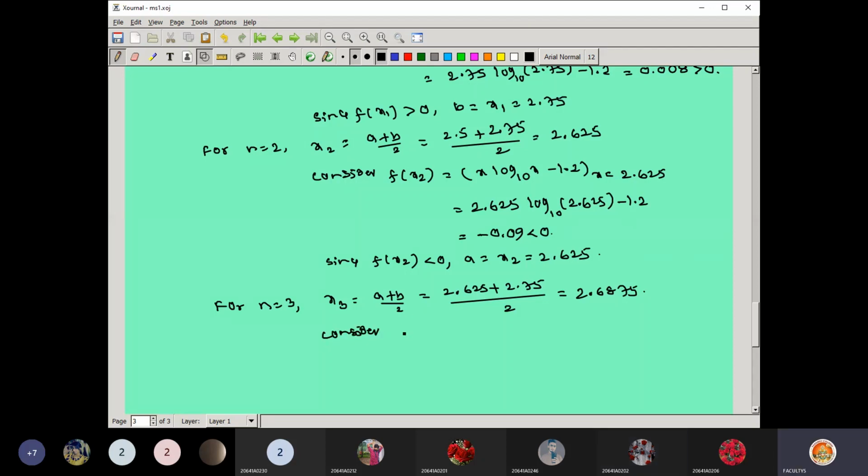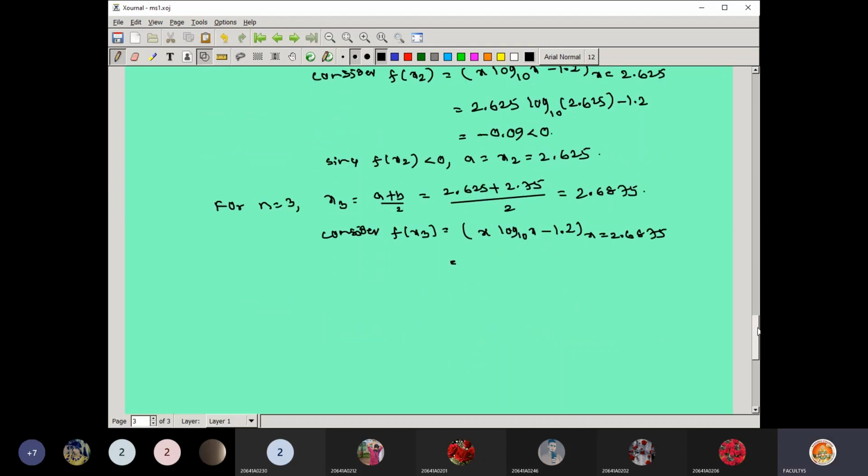I am also using the calculator along with you, because you have f of x3. So write down here x logarithm of x minus 1.2. There you are supposing x equal to 2.6875. In your expression you are substituting that value.